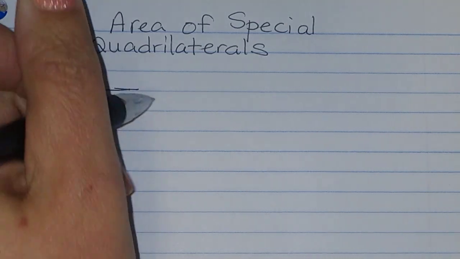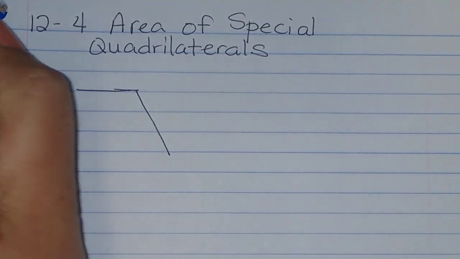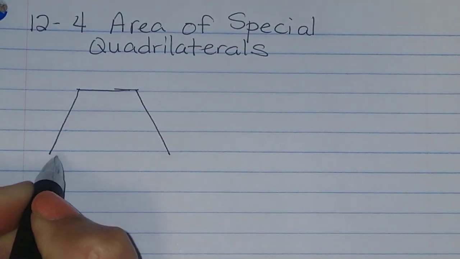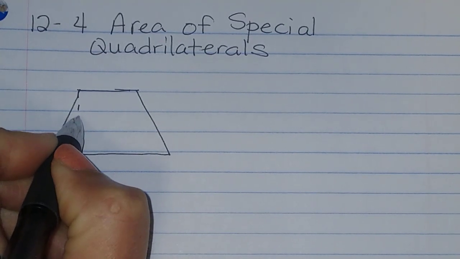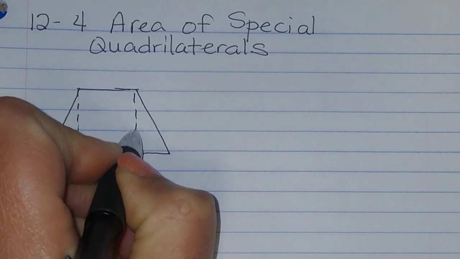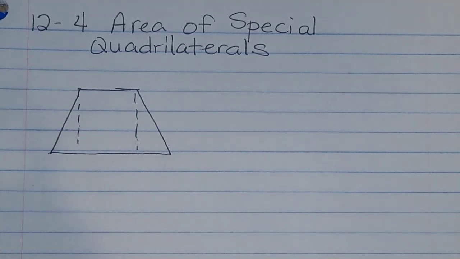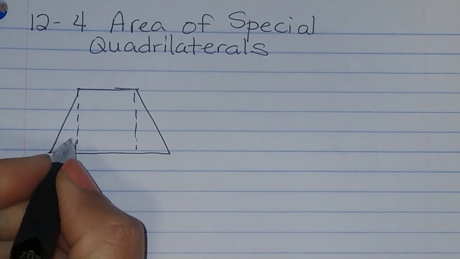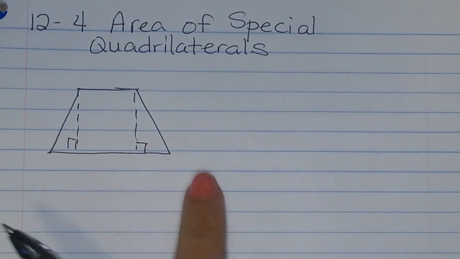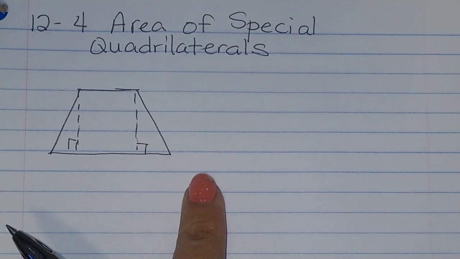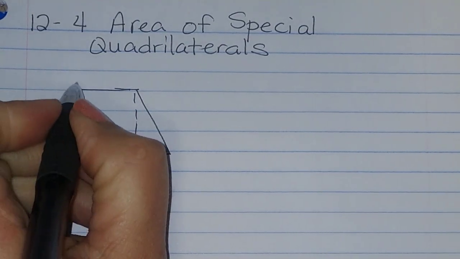Let's say we had a trapezoid. You can see that it is made up of a rectangle and two smaller triangles. Let's look at the measurements that I have.